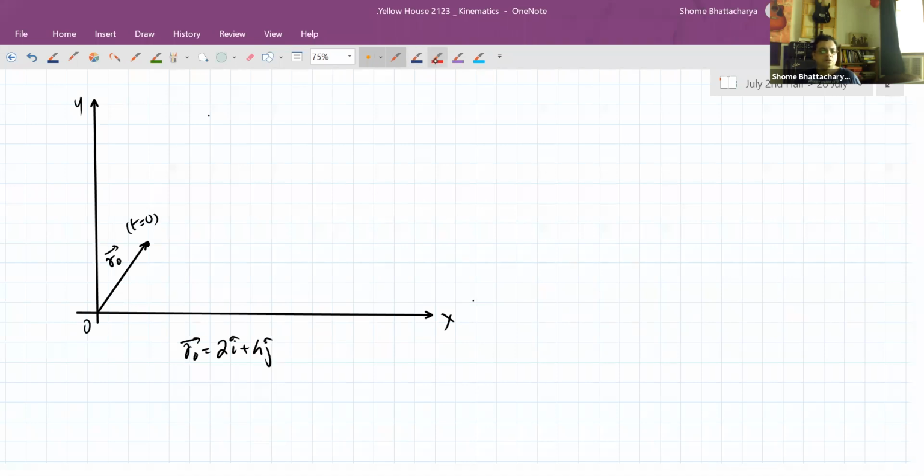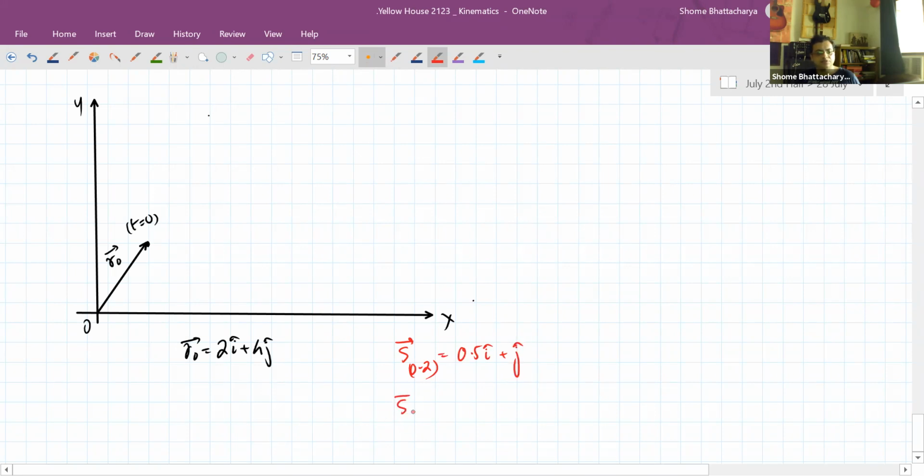Now its displacement from 0 to 2 seconds is how much? It is half a meter along the x-axis plus 1 meter along the y-axis. Then its displacement from 2 to 4 seconds is again the same, and so on and so forth. Okay.